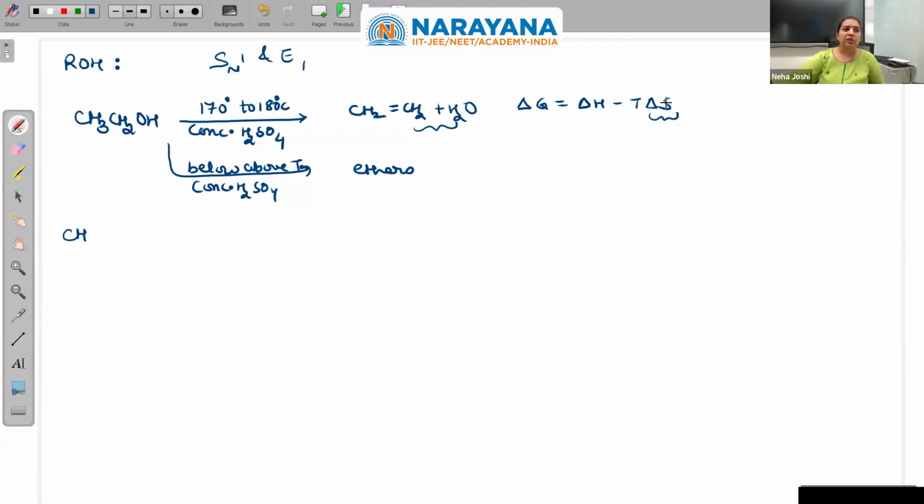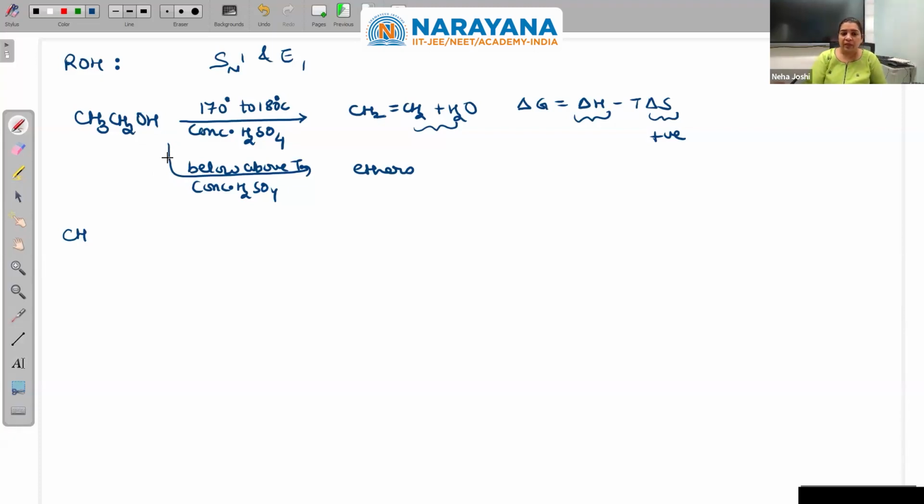Some part is being removed and a new pi bond is formed, so delta S is positive. If I talk of delta H, I am breaking the sigma bond, so the energy I am giving to the system is higher, and for the alkene formed, the energy released is less. So less energy is released, and more energy is given to the system.